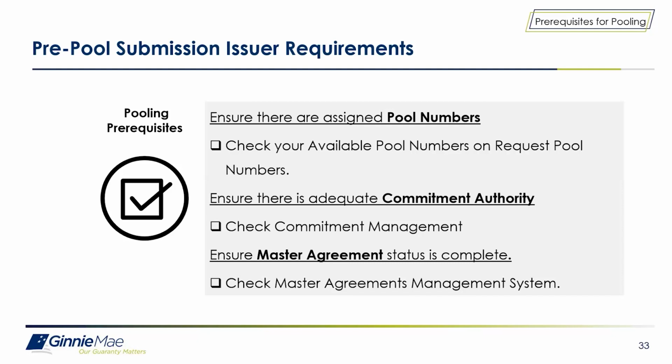When we're doing our due diligence on the back end, when that information comes in, it's going to kick it out and say, hey, insufficient commitment authority. Then what's going to happen? You're going to have Jennifer, Patrick, Michelle maybe giving you a call, sending an email that the pool you had to issue didn't make it because there was not enough commitment.